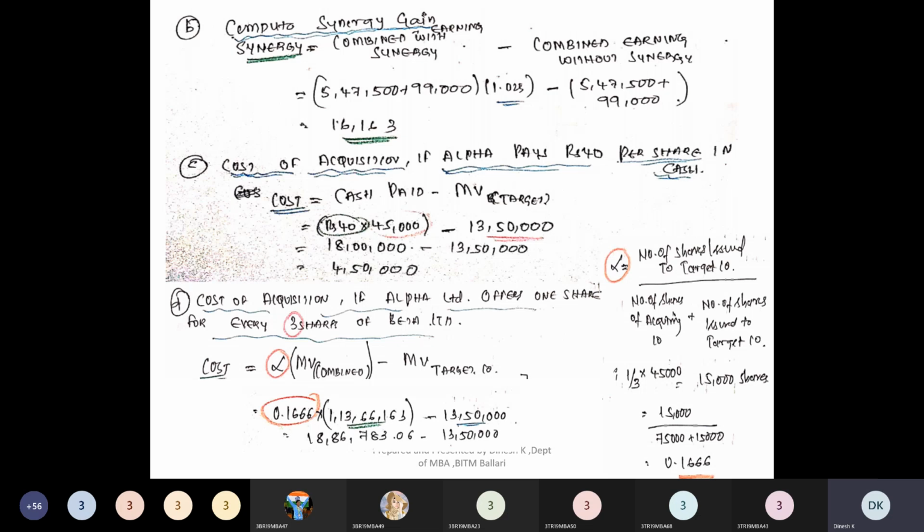So 5,36,000 is for exchange of stock, and 4,50,000 is by exchange of cash. So it is always beneficial to go by cash, not by stock. If they ask you to make the decision there, you can say that merger by cash is more beneficial than merger by stock, right?